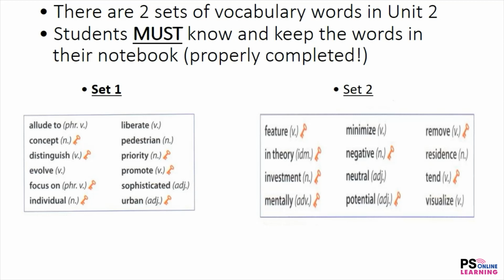In theory is an idiom. It's kind of like when you are talking about if this happened, then this should happen. So in theory is kind of like that. You should know these words already, but it is okay if you don't.